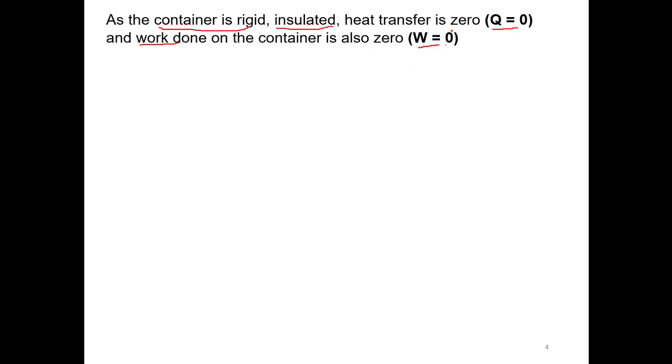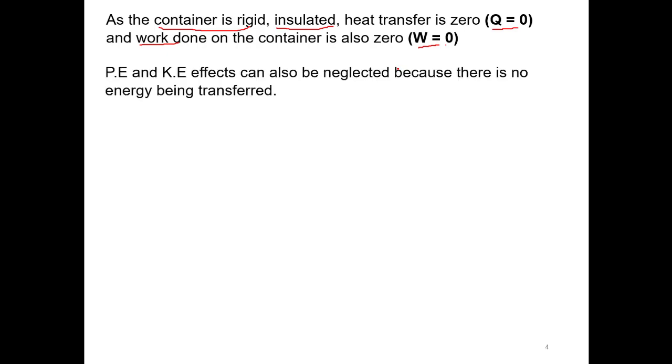So there is no change of volume, no change of pressure. There is no expansion, no mechanical output, so the system cannot move. So the work done is also 0. Right, and if we ignore any change of height, the kinetic energy effect can also be ignored.